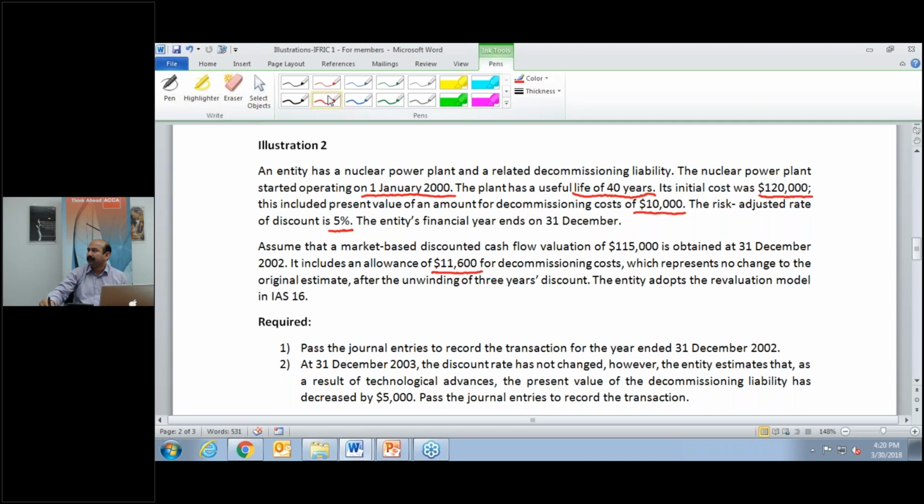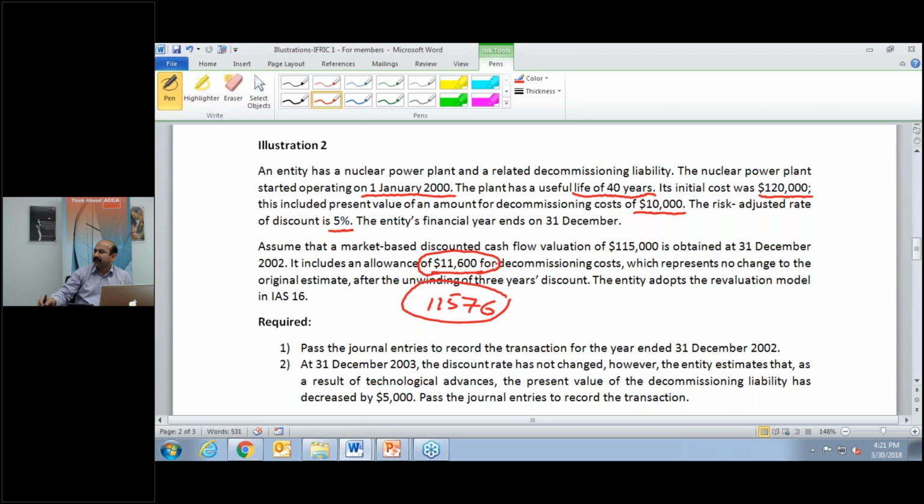We have calculated 11,576, but because the question says so, we will take it as correct, since they have rounded this figure, which represents no change to the original estimate after unwinding of 3 years. The question has already provided this figure. Okay, the entity adopts a revaluation model in IAS 16. I hope you understand how to unwind it, as we already know this.